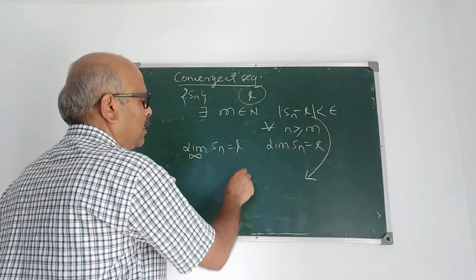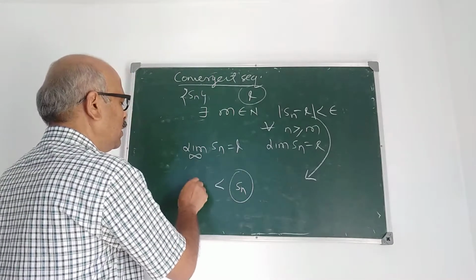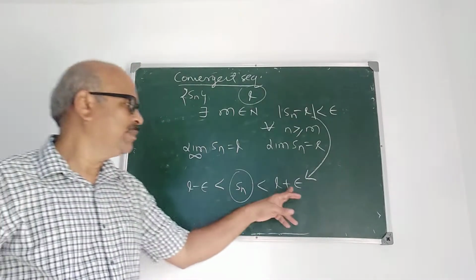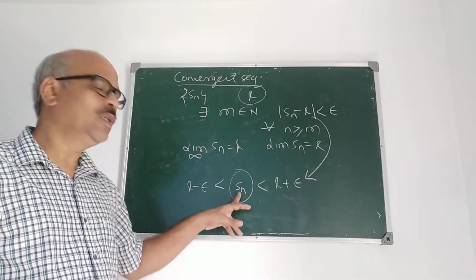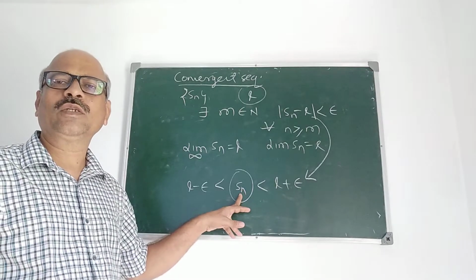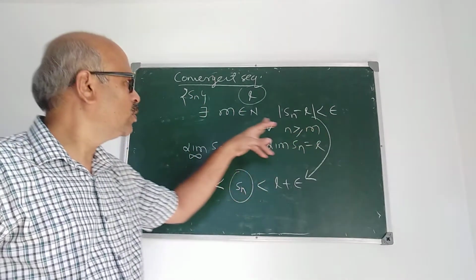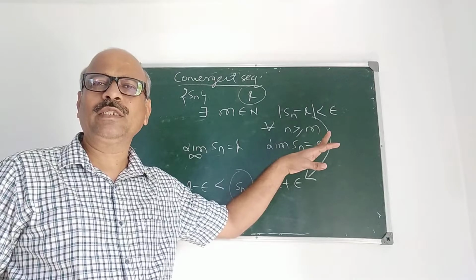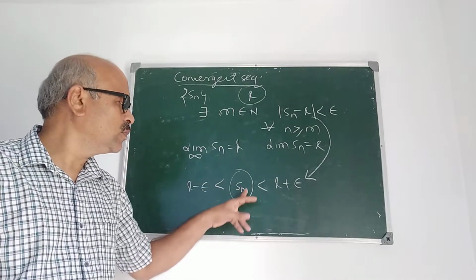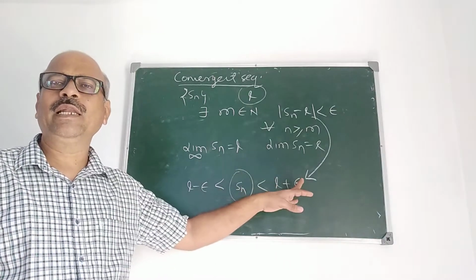If the terms of the sequence lie between L minus epsilon and L plus epsilon, where epsilon is positive, you know that Sn consists of an infinite number of terms. Suppose n is very large, and corresponding to those terms, the terms of the sequence must lie in this interval, L minus epsilon to L plus epsilon.